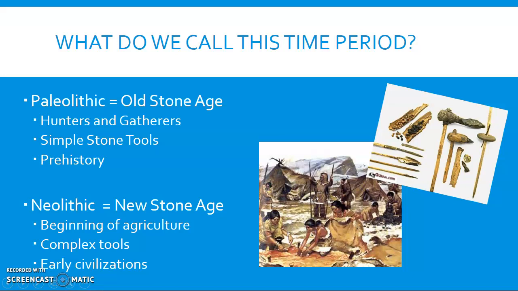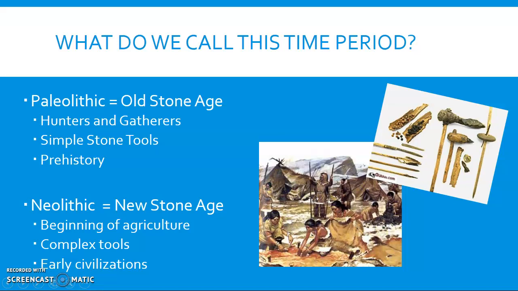When we look at this time period, I already mentioned we're going to be talking about hunters and gatherers. They're going to mostly fit in that first one, the Old Stone Age, the Paleolithic period. Hunters and gatherers use simple stone tools, and it falls under something called prehistory. Prehistory means before history. You might wonder what that means, because this is still history, isn't it?